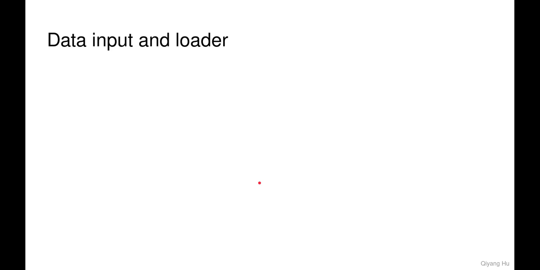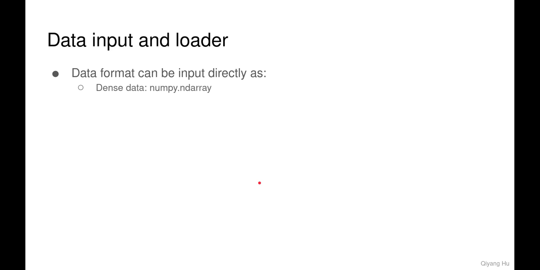As we mentioned before, Scikit-Learn is built upon other Python libraries like NumPy and SciPy, so it's no surprise that it can take input from any data format from NumPy. For example, if your data don't have many zeros, which we call dense data, it can be in the format of ndarray in NumPy, or series or data frames in pandas.